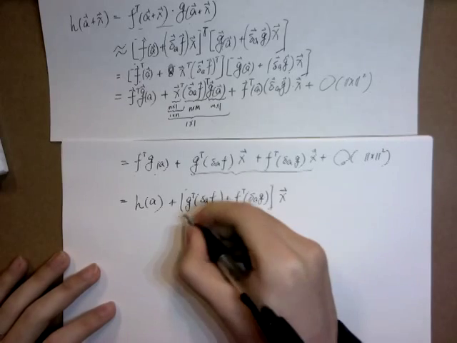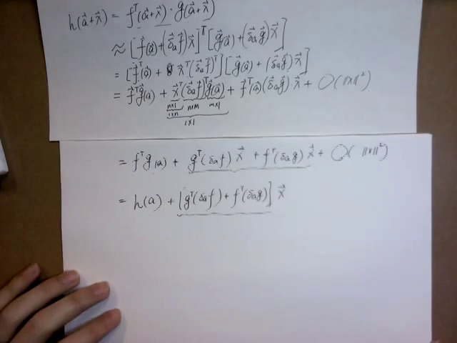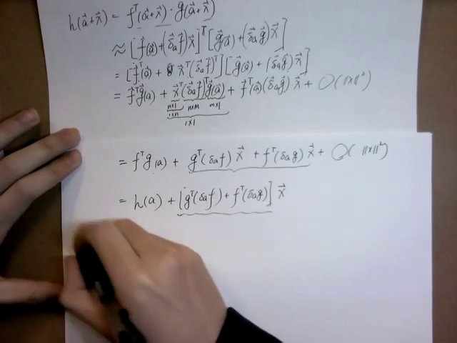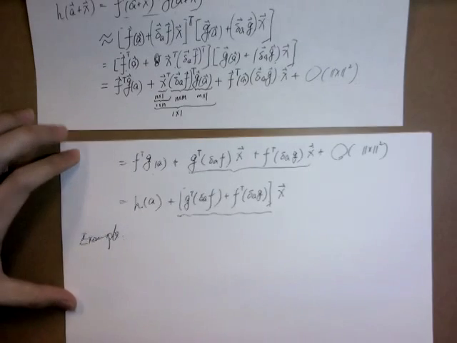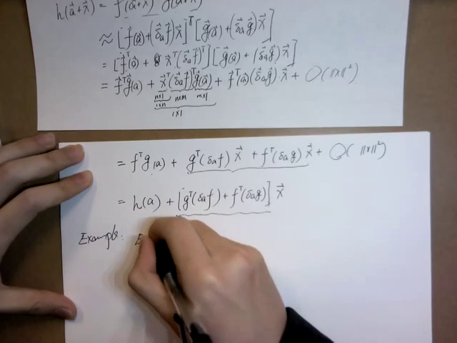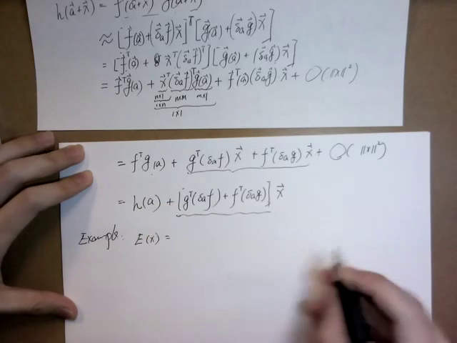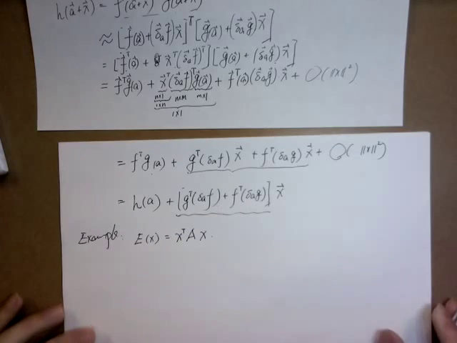So why do I need to get this one? Because it's very common to see. For example, I have a really simple energy function E. E(x) equals x transpose Ax.